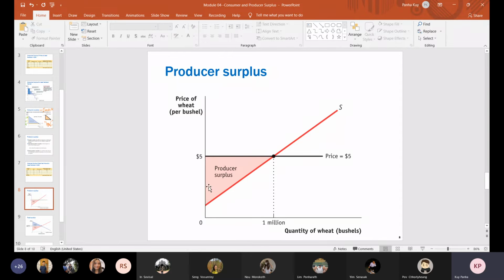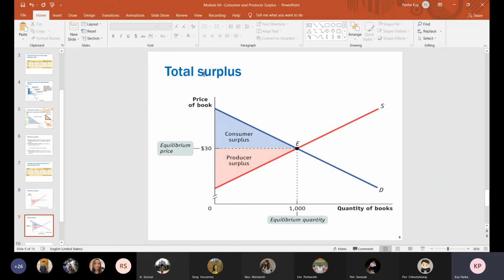So then you can calculate the area of this triangle, that is the producer surplus here. This is the equilibrium. Total surplus means the combination of consumer surplus and producer surplus.